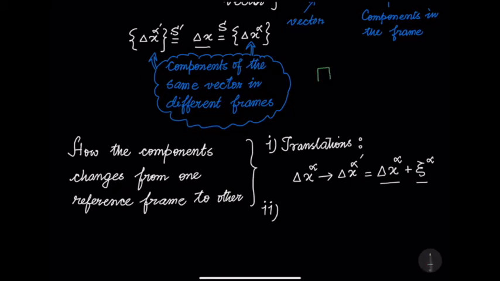If this is some region in my coordinate system, I can make it go somewhere else. So that's a translation. And this is 2D. The only other thing that I can do is make it rotate. So this may look like this after some time. So that's the rotation.